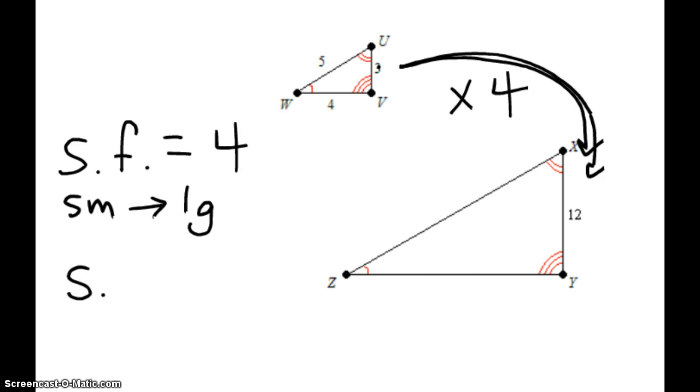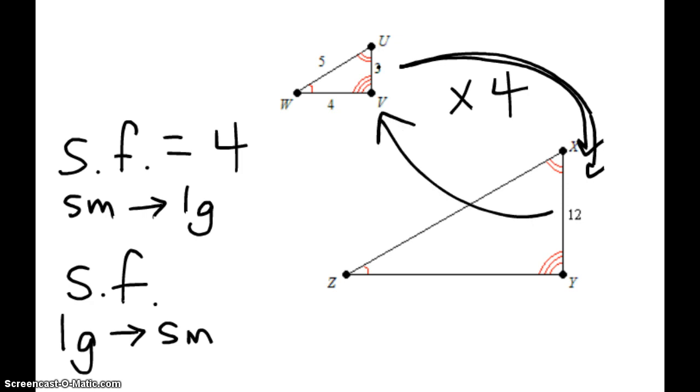But let's look at it the other way. Let's look at the scale factor from the large triangle to the small triangle. So how do we get from 12 down to 3? From the large shape down to the small shape. Do not tell me divide by 4. Remember, scale factor is always what you multiply.